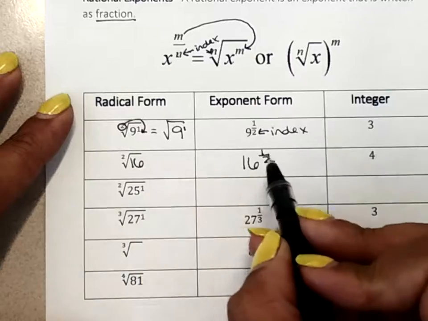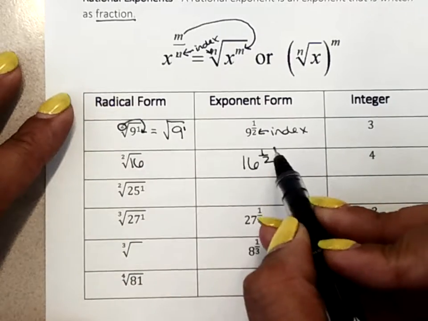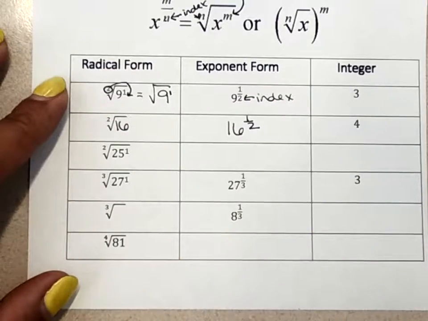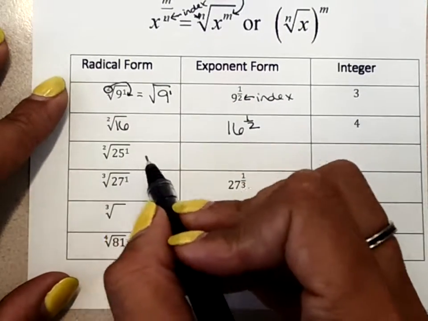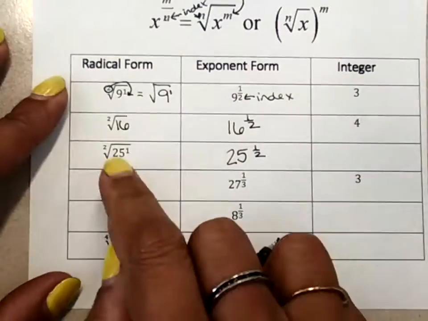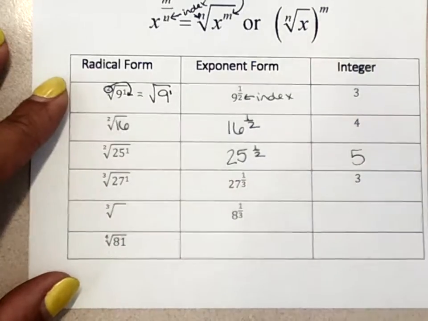Again, the index becomes the denominator. The 1 that is not written is our numerator. The square root of 25 can be written as 25 to the 1/2. I know that the square root of 25 is a perfect square, and it is just 5.